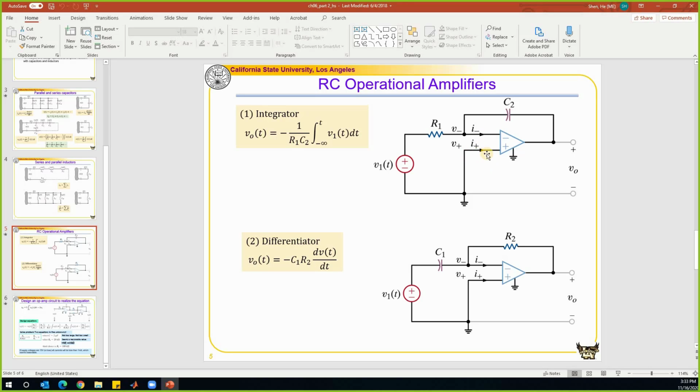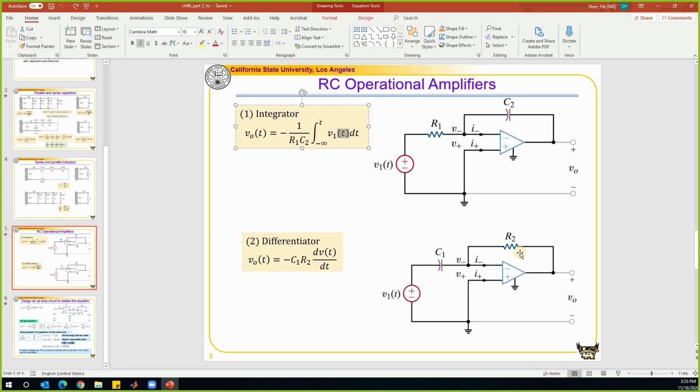And on the other terminal, because this terminal is directly connected to the ground, we know V plus is equal to 0. So by putting all this together, step 3 is to solve the equations, then you will be able to find the conclusion. So we find that VO is equal to negative 1 over R1 times C2 times the integration of V1 dt.